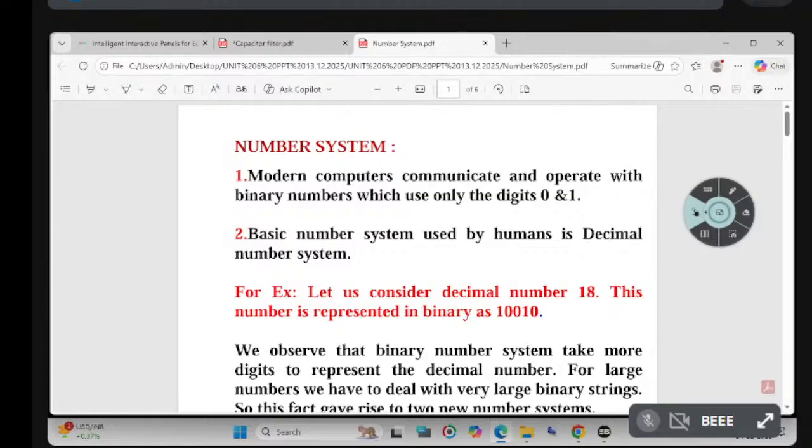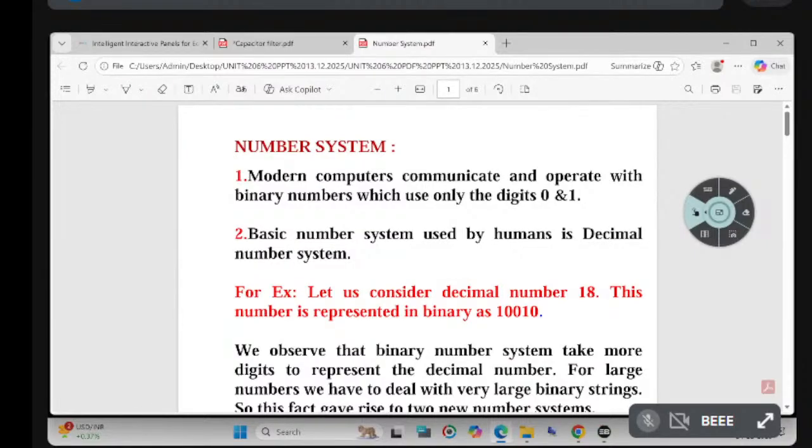Today we will complete up to Hamming code. XS3 code, BCD code, gray code, Hamming code come under number system. Clear, all of you?